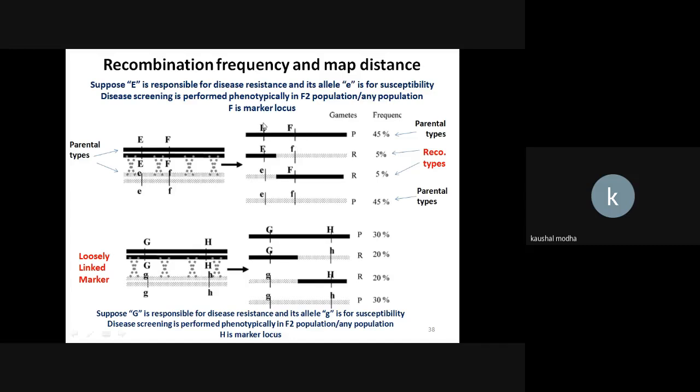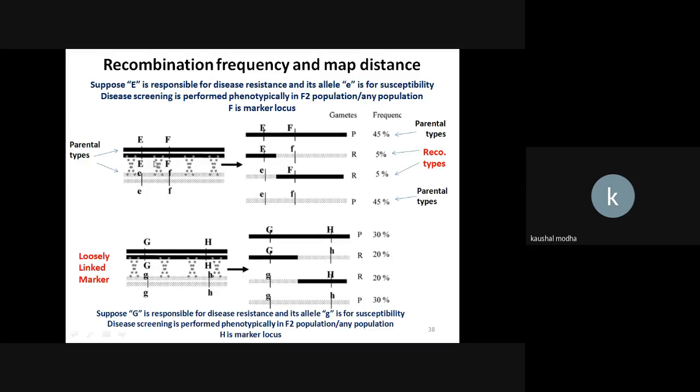So with the resistant character for that particular F2 individual, F is present. This is called parental type because in the resistant parent, this is the profile. Some of the individuals might be carrying susceptibility to the disease and expressing absence of the marker. So this is also parental type, similar to parent 2.